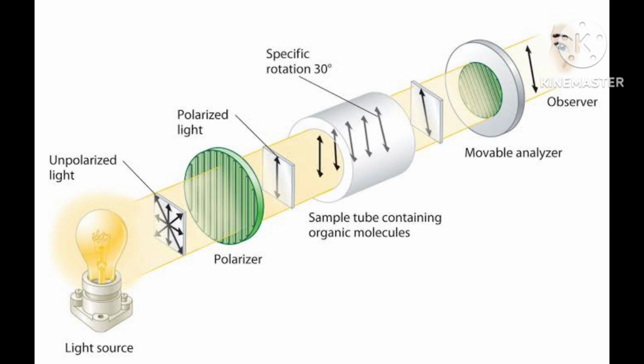Here compounds actually rotate the light. Compounds present in a solvent, when light is passed through this solution, like sugar, maybe glucose, maybe fructose, may rotate the light either in the right direction or the left direction.